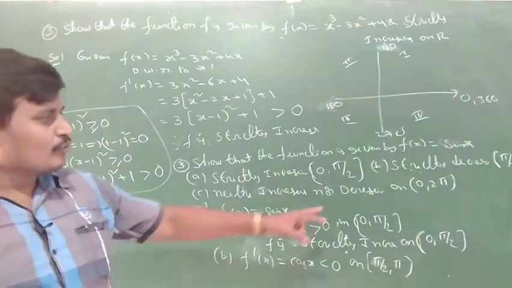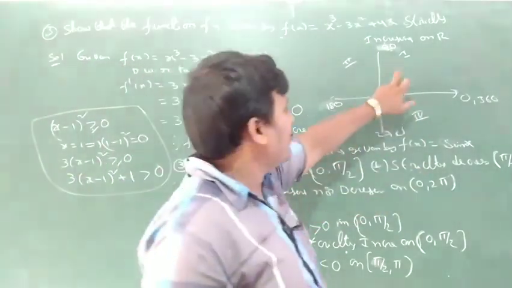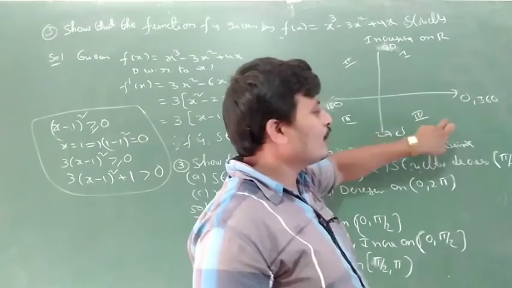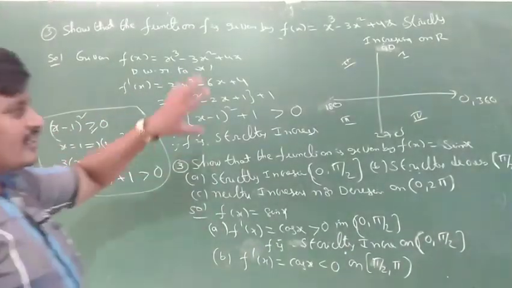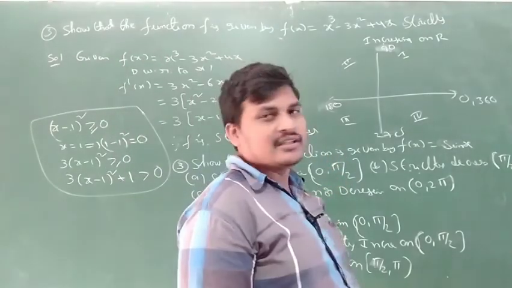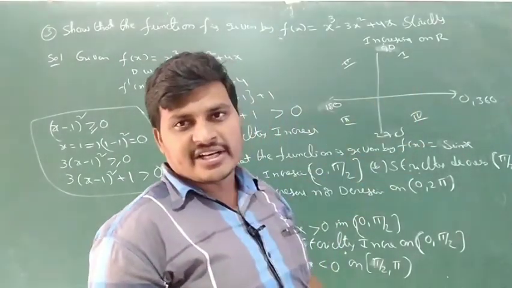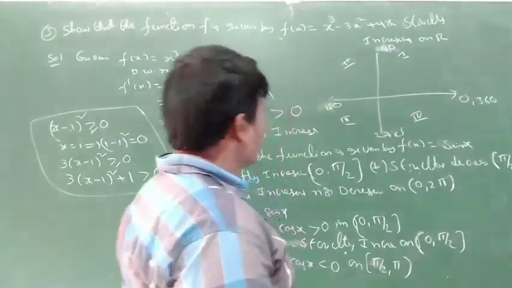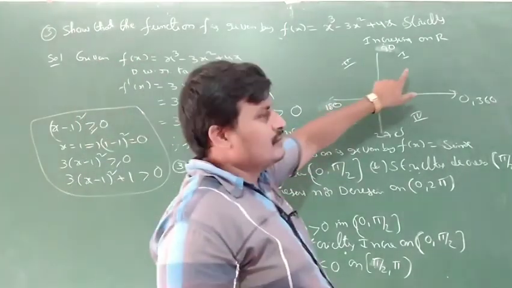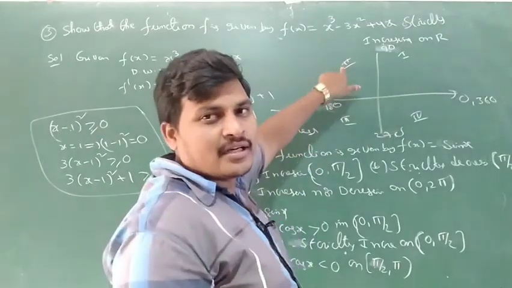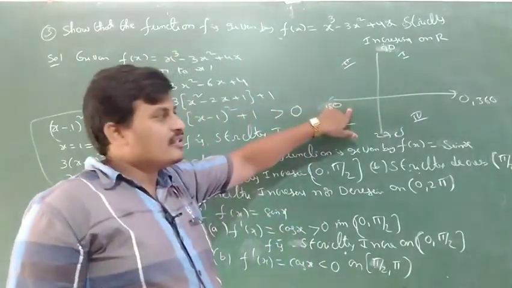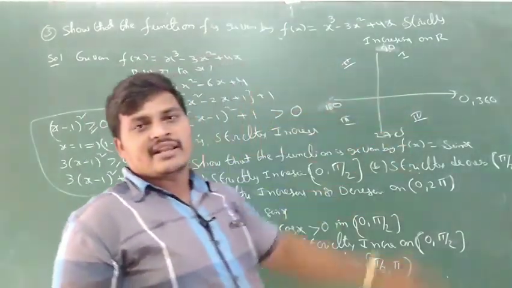So in 0 to 2 pi, which covers the first, second, third and fourth quadrants, it is not all increasing and not all decreasing. In cos x, the first quadrant is greater than 0, the second and third quadrants are less than 0, and the fourth quadrant is greater than 0.